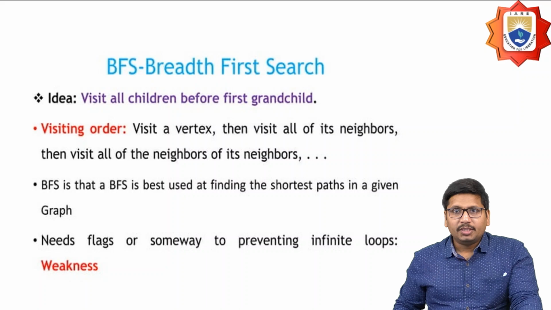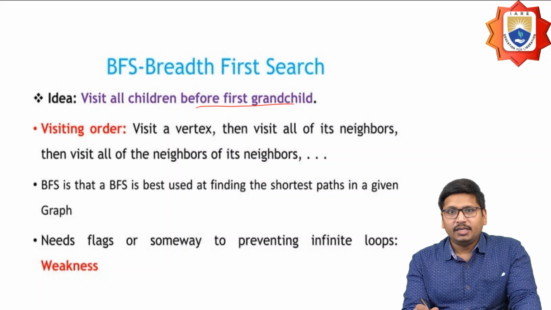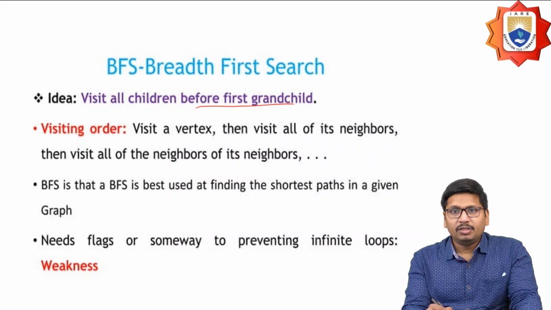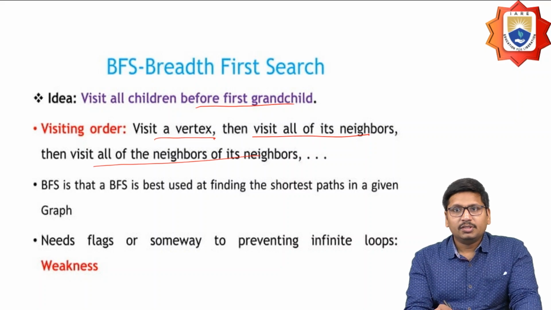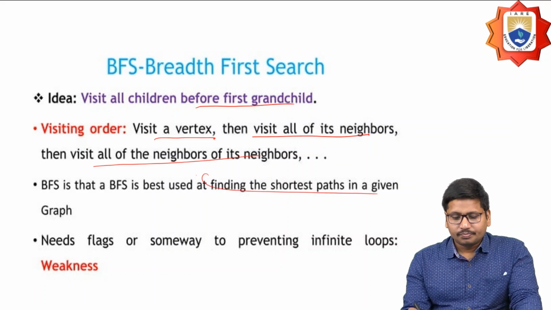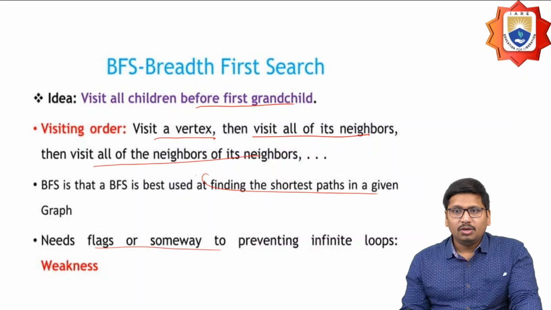So the basic idea of breadth first search is that we have to visit all the children before the grandchildren. So the visiting order means first we visit the vertex, then visit the neighbors, and then visit all the neighbors of its neighbors. BFS is best in finding the shortest path, but the main disadvantage is that it needs more flags to prevent infinite loops.